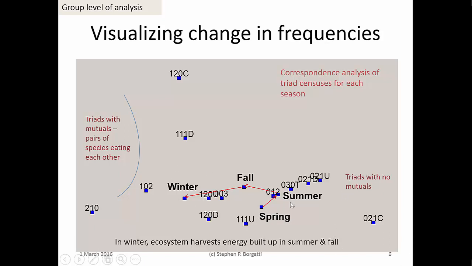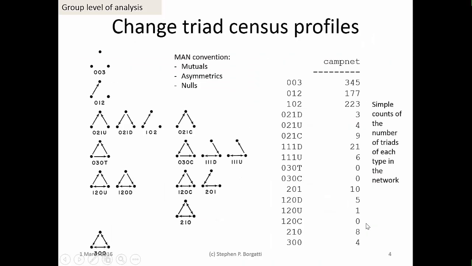Now, which triads are associated with which seasons? Well, over here on the right, if you notice, all the names of the triads begin with zeros. And if you remember what a zero beginning one means, it's that the first one, the mutuals count, is zero.